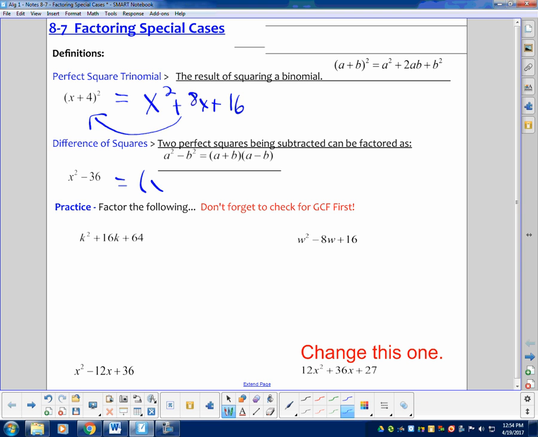So I can square root that. And what's the square root of 36? 6. So we'll learn two different factoring techniques: one for a perfect square trinomial, and then one for a difference of squares.